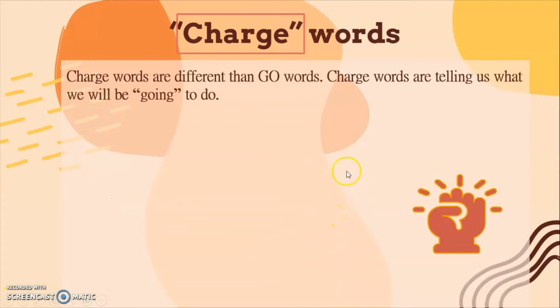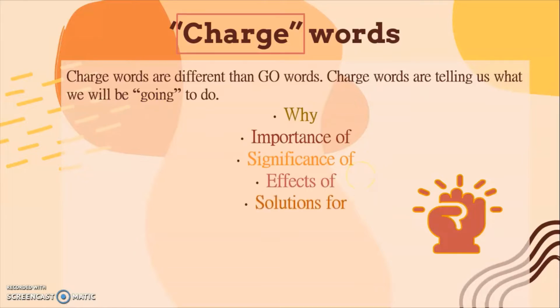Now our charge words are going to be a little bit different. They're the words that tell us what we will be or how we will be going to do something. So if we're going to write, they're going to tell us how we will be doing that or why. And some examples are why, importance of, significance of, effects of, solutions for, how, pick a side, description, and favorite.